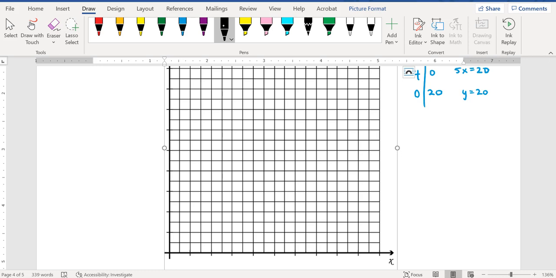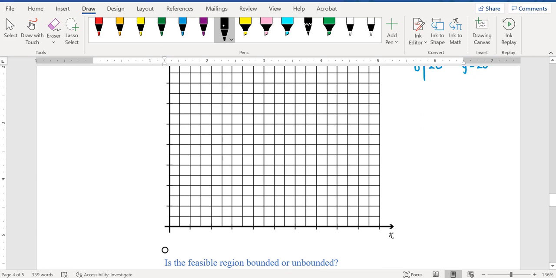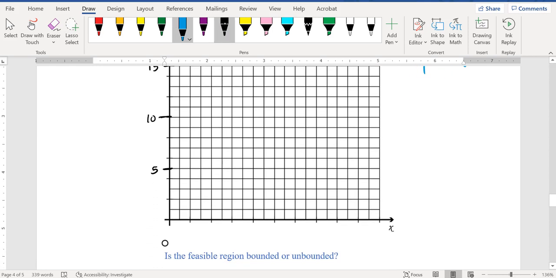Here's 5. Let's see, 1, 2, 3, 4, 5, 6, 7, 8, 9, 10, 15, 20. All right, there's the first point, 0, 20. And then I want 4, 0. 1, 2, 3, 4, 5. So 4, 0 is here.